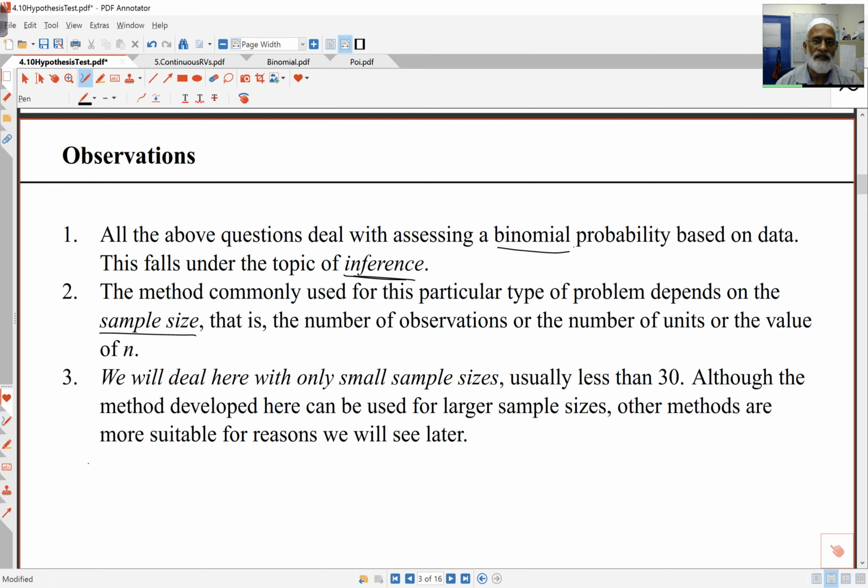For small sample sizes, there's a different method we use, and for large, another method. But what we're going to deal with here is a method that works for all sample sizes. But usually we're looking at something smaller here, in the method that's used mainly by textbooks. So we'll see how it develops from here when we get to large sample cases.